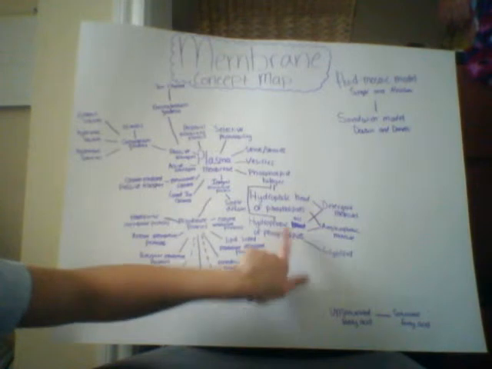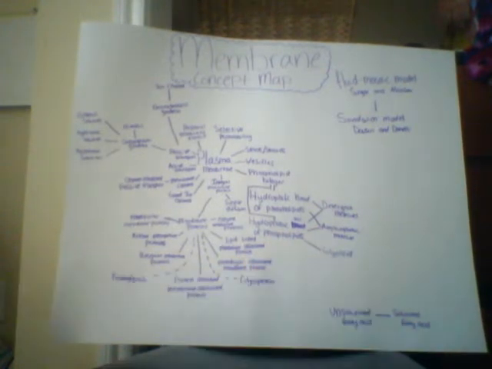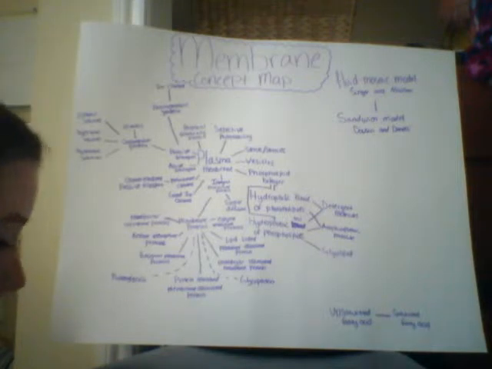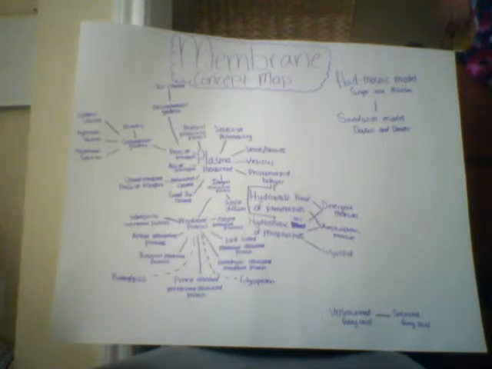An example would be a phospholipid or detergent molecule. And also coming from the hydrophobic tail of phospholipid, I have a glycolipid, and it is a membrane lipid molecule with a short carbohydrate chain that is attached to a hydrophobic tail.